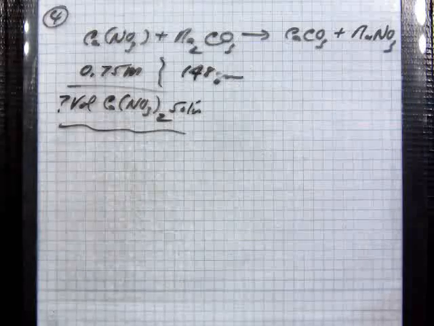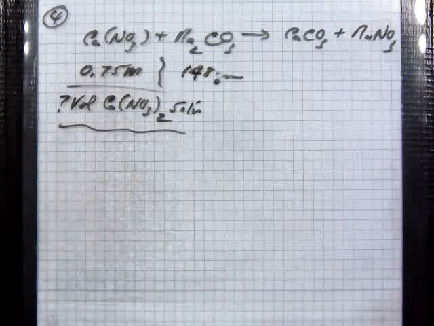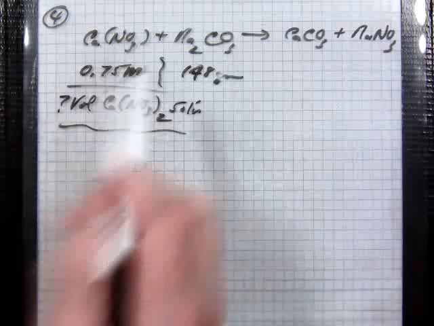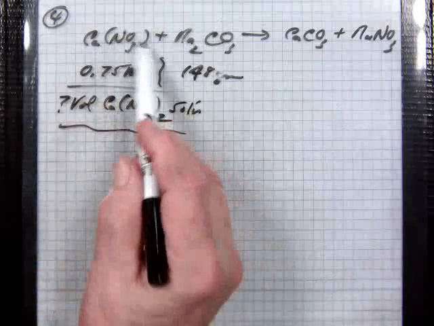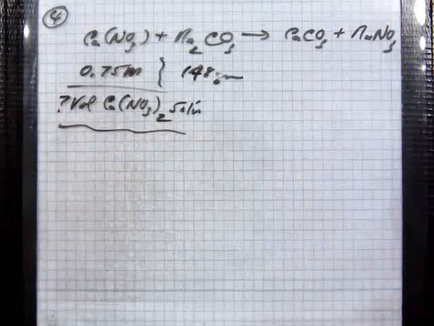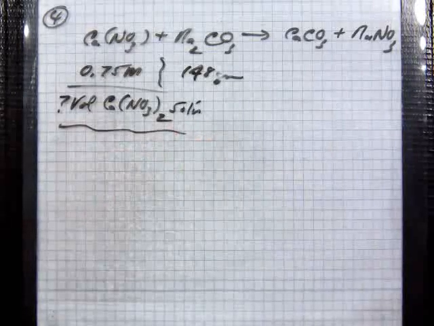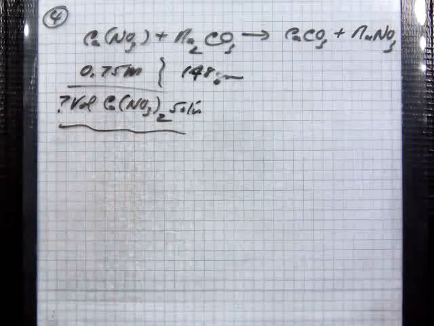Okay, we left off on number 4 with calcium nitrate, sodium carbonate. I went ahead and filled in some data from the problem. So we identified the two reagents we need, which is calcium nitrate and your sodium carbonate. So we want a mole-mole relationship between those, and then plug in the data into that mole-mole relationship and work from there.